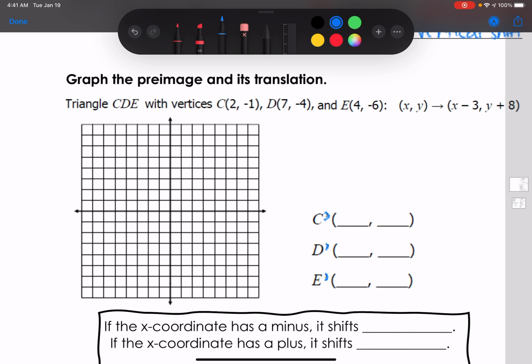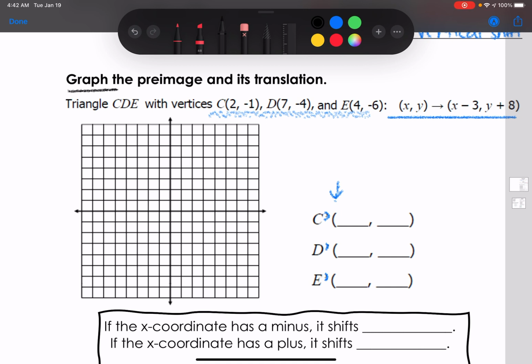Now this algebraic representation is also telling us what we're going to do with these points. You don't have to graph this in order to give me your image points, your prime points, but let's go ahead and do it real quick, just because they're asking us to graph it.